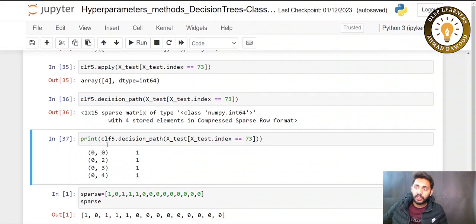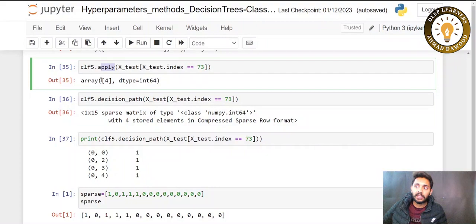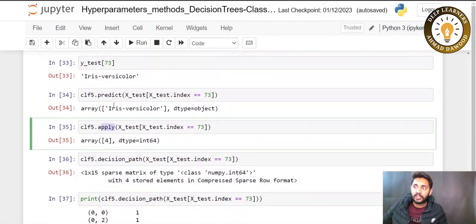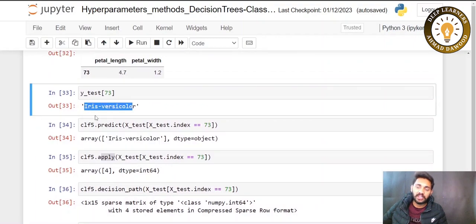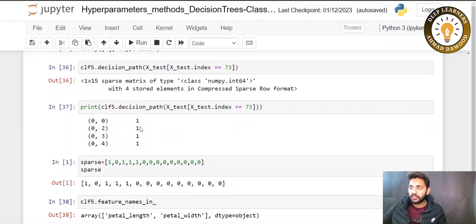So it went from node 0, then node 2, node 3, and node 4, and node 4 predicted, as you can see from the apply method, that the sample you passed belongs to iris versicolor, and the true value also says that your sample is iris versicolor.